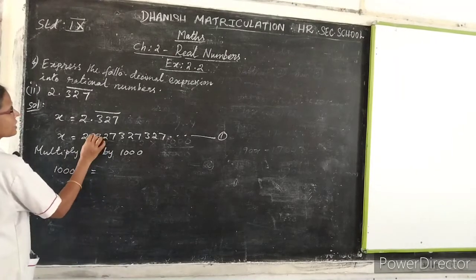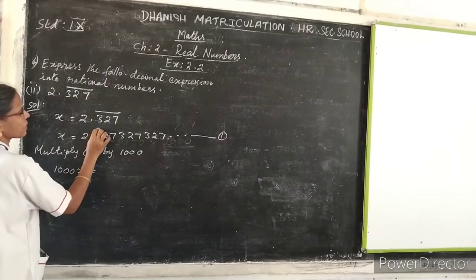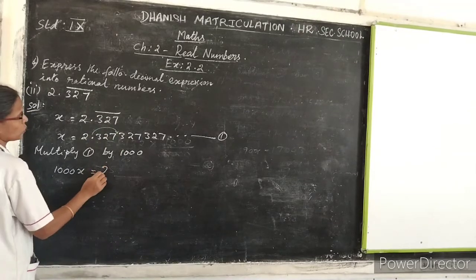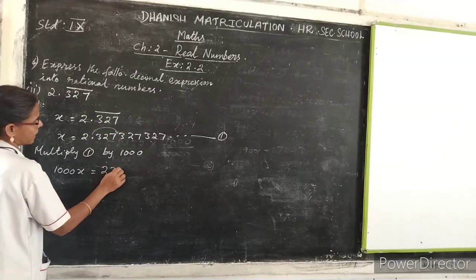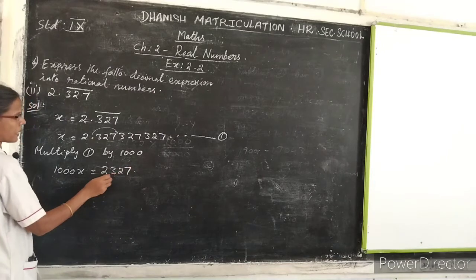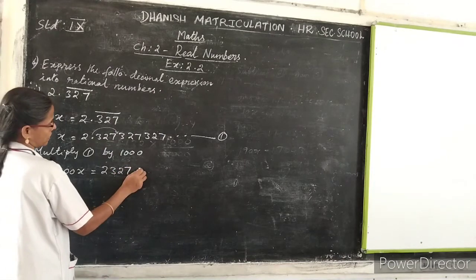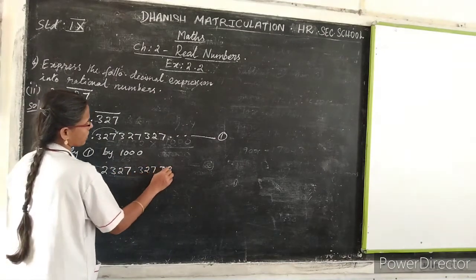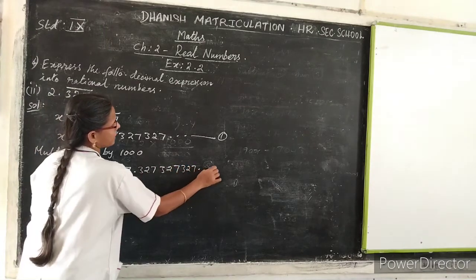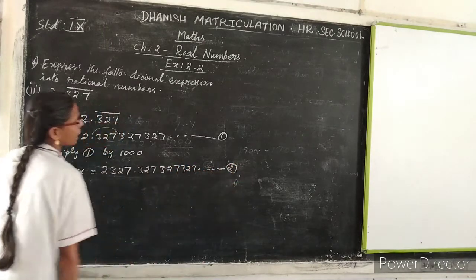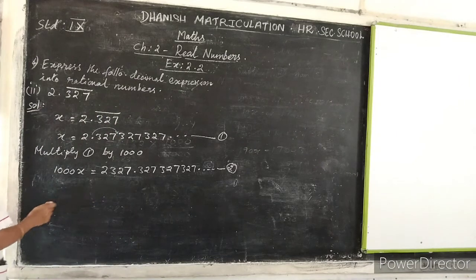Multiplying by 1000 means just move the decimal point from here to here. So 2327 in the whole number place. After the decimal point 327, 327, 327, etc. This is the second equation. Now subtract the first equation from the second equation.